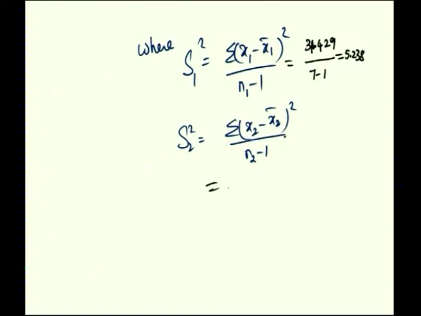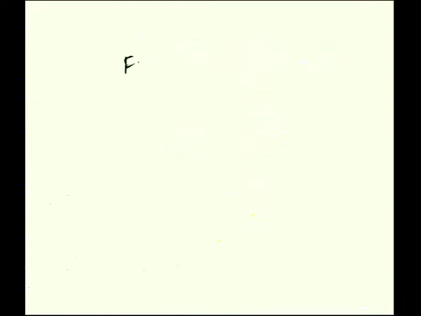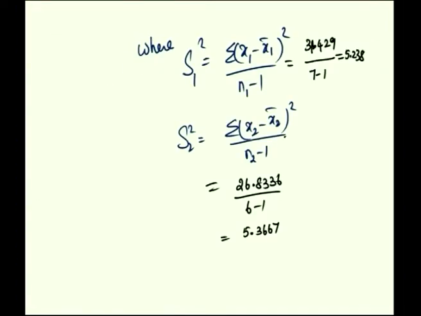Similarly, x2 minus x2 bar whole square divided by n2 minus 1 is 26.8336 by 6 minus 1, which is 26.8336 by 5. This value is 5.3667. Now, we shall calculate F.